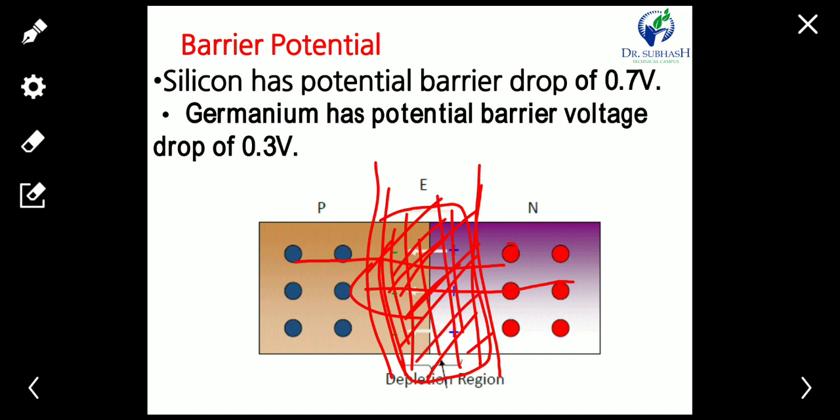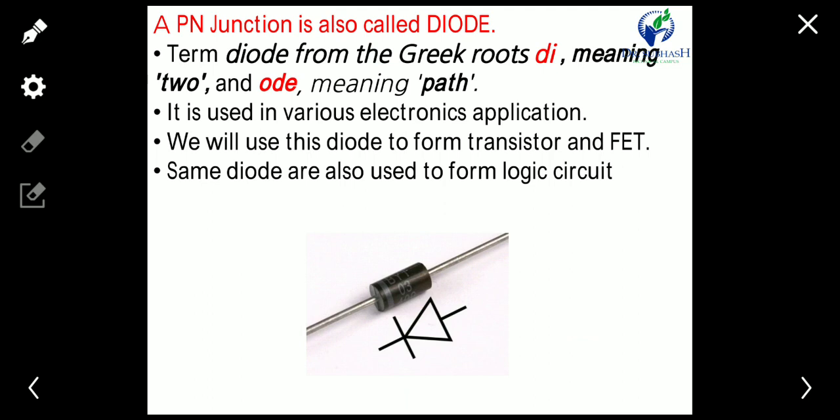If our diode is made of silicon, then 0.7 volt is required. If it is germanium, then 0.3 volt is required. So a minimum of 0.7 volt is required for a silicon diode to turn on, meaning it allows current to pass through it.